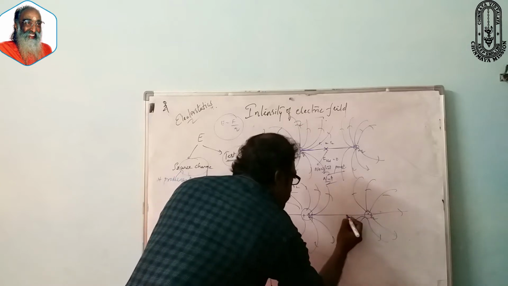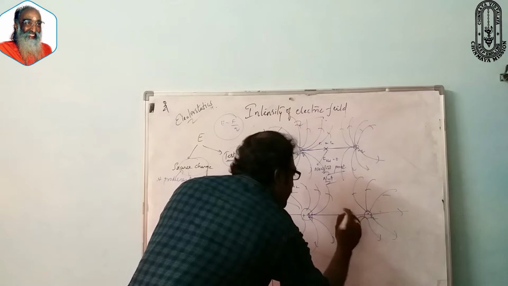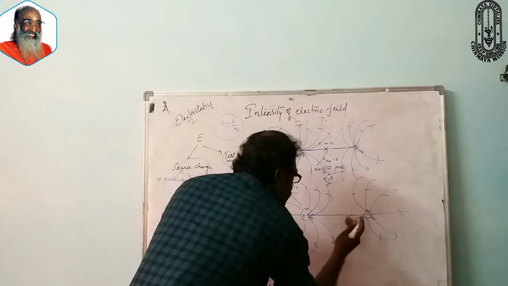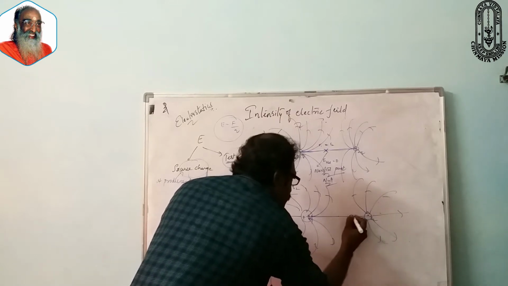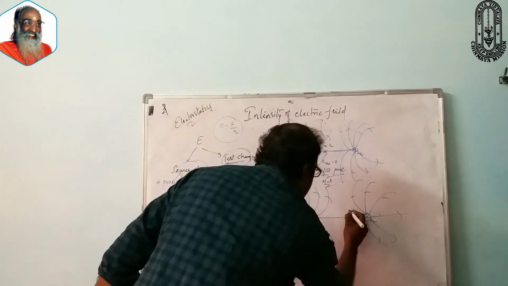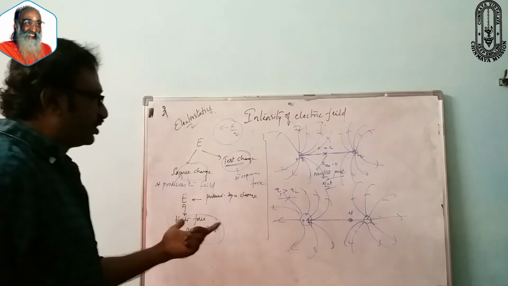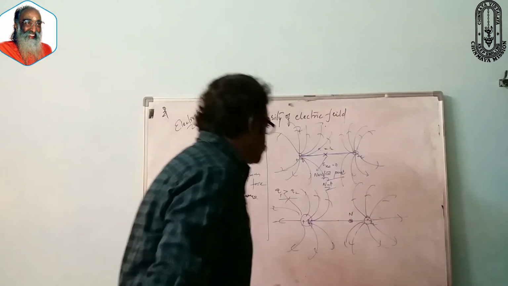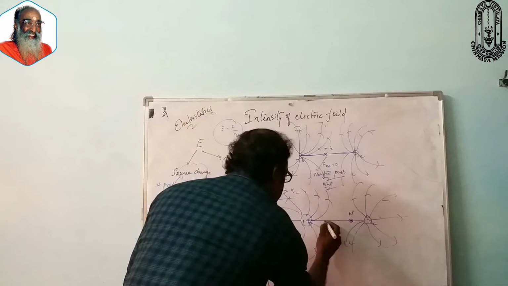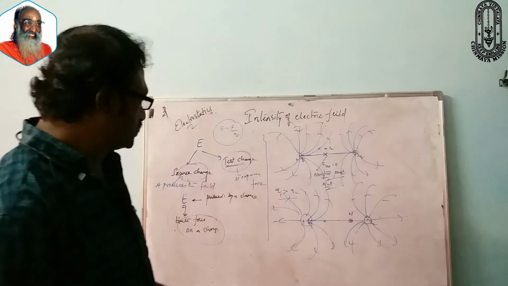If you take just the middle, it will be somewhere here, comparatively nearer to the charge which is less in magnitude. So here will be your neutral point. Suppose Q2 is greater than Q1, because this exerts more force, certainly it will be somewhere here, nearer to Q1. Like this we'll talk about these neutral points.